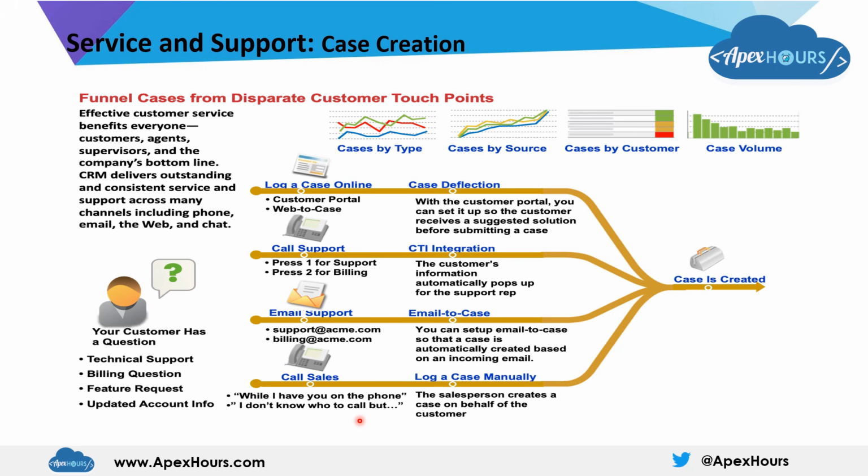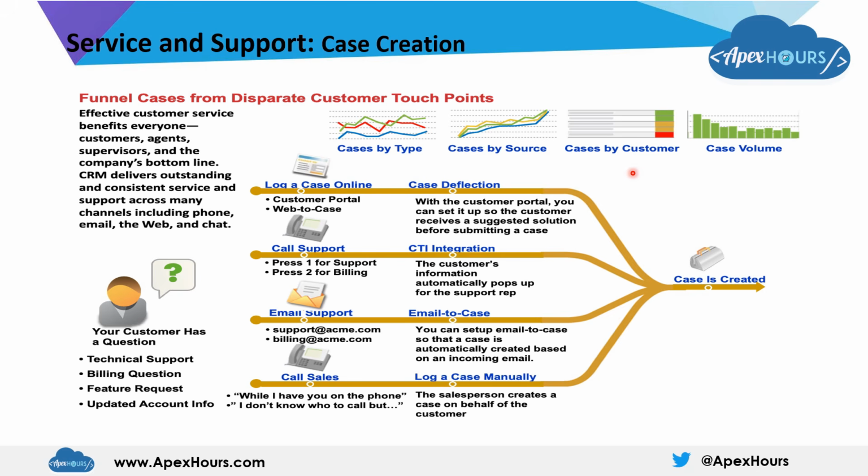So these are the different ways in which cases get created, and the cases which get created can be analyzed using various kinds of reports. Cases can be reported by type, by source, by customer.